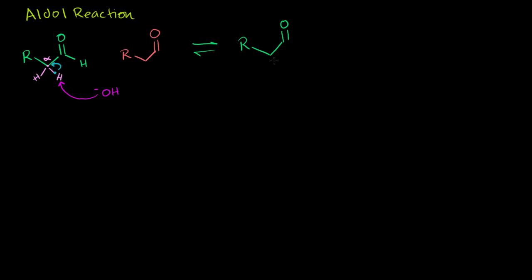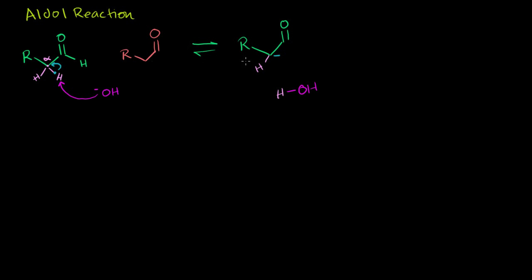We just know it's there. But I'll keep drawing this hydrogen right over here. The other hydrogen was taken away, and this alpha carbon now has a negative charge because it got the electron from that proton. And of course, the hydroxide grabbed this hydrogen, and it is now water. Now, the reason why this was acidic to begin with is because this is resonance stabilized.